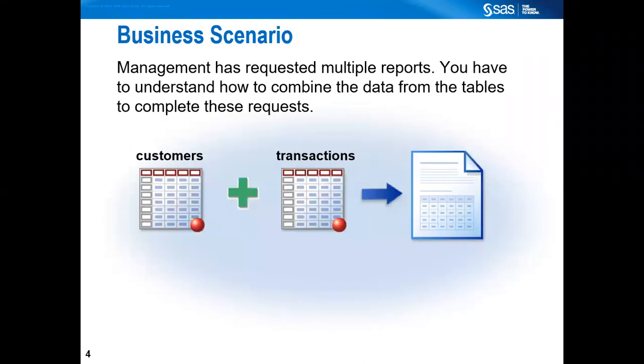Let's understand the same join concept through a scenario. Management has requested multiple reports. You have to understand how to combine the data from the tables to complete these reports. When you need to join, you need a minimum of two tables to perform these operations.